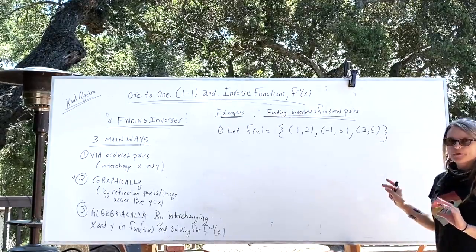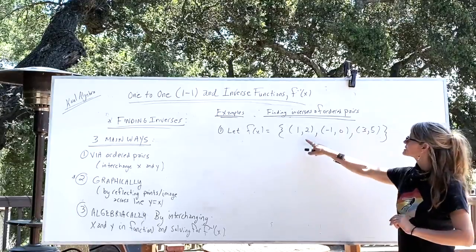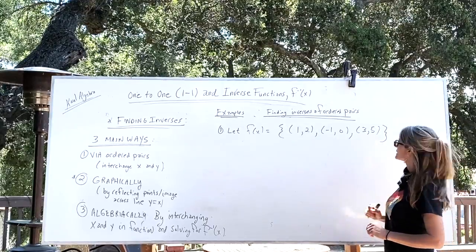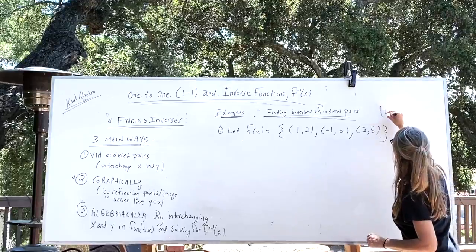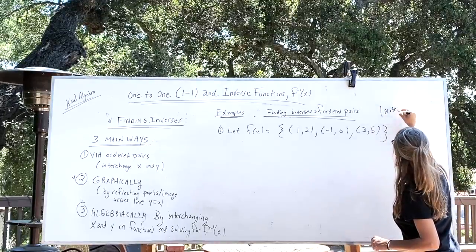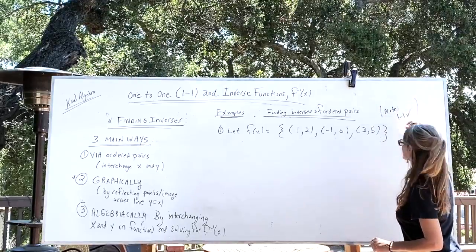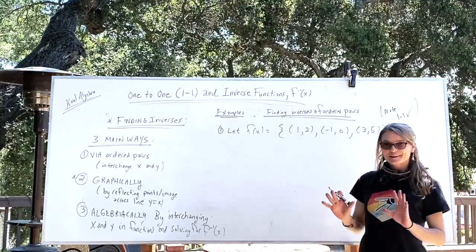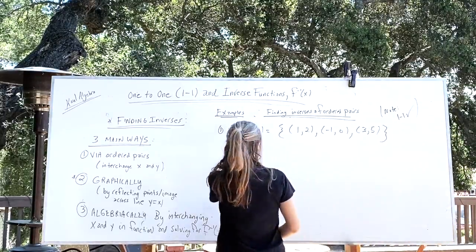Again, we have to be aware of the fact that this must be a one-to-one function to take the inverse. So we'll check that. It is one-to-one, so we can legally find the inverse.